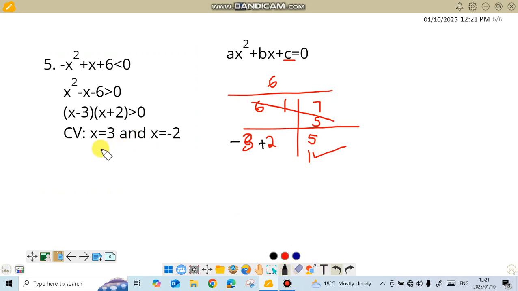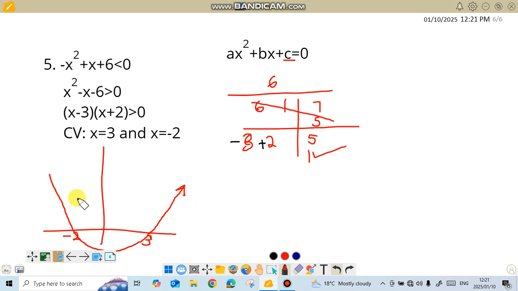And then once you have the critical values, you draw the graph. So you have negative 2 and positive 3. So the graph, this point here, and then what happens from there?